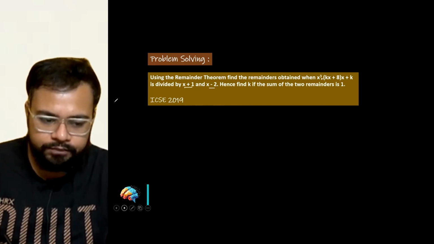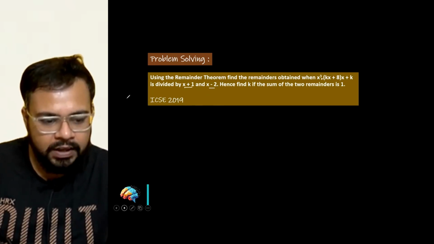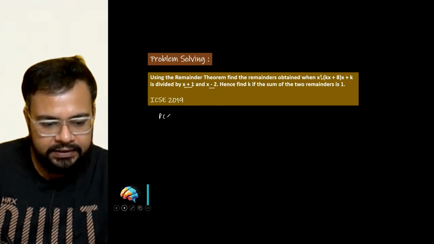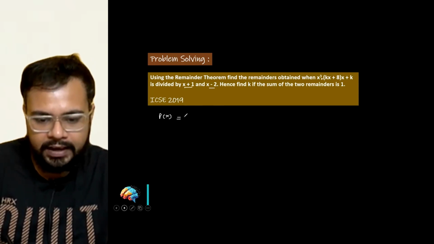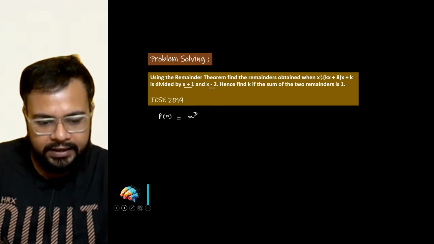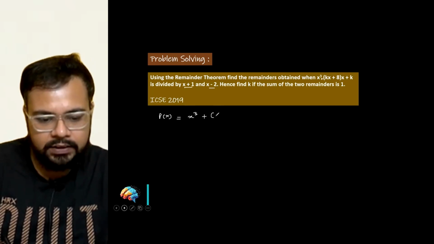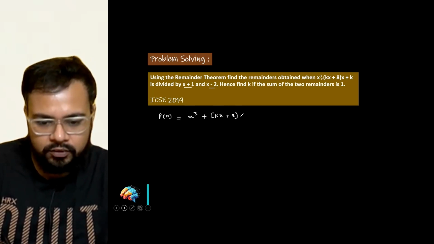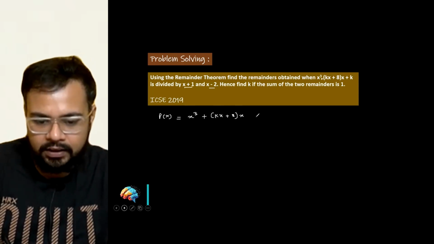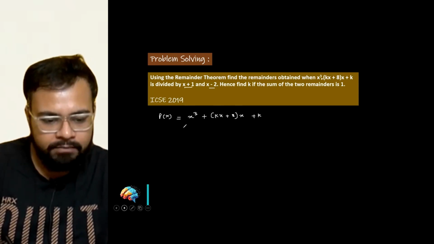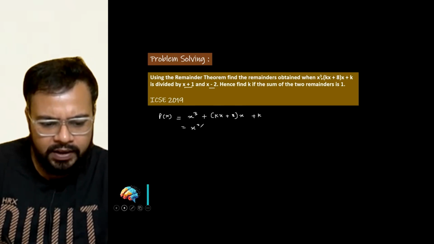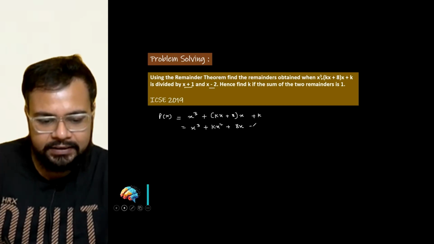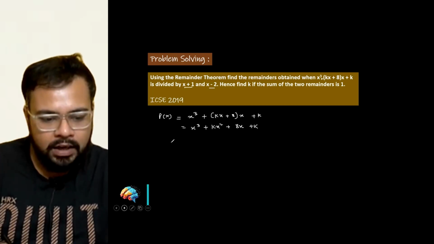What you will do is take p(x) as the given polynomial, that is x cube plus kx plus 8 into x plus k. You can simplify this a little bit and write it as x cube plus kx square plus 8x plus k.